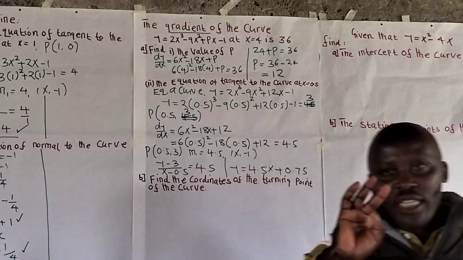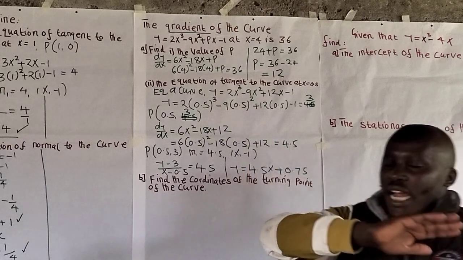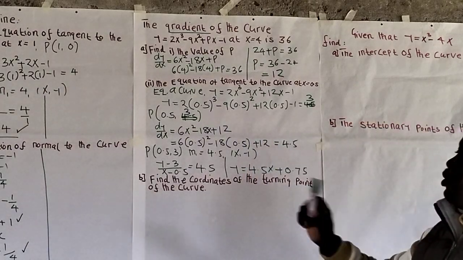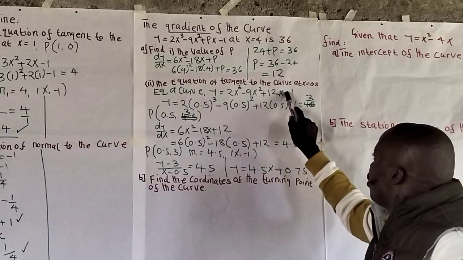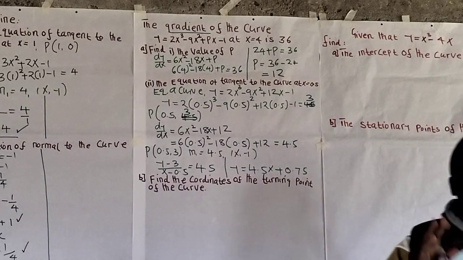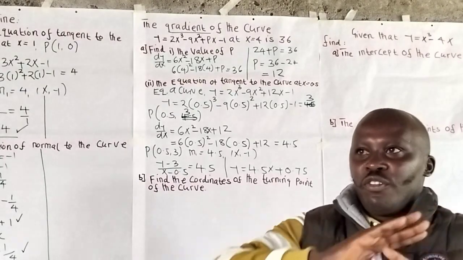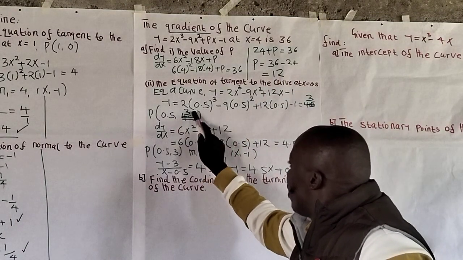Then you are supposed to get the point of contact of the tangent and the curve. So you substitute where x is equal to 0.5 into this equation, and you get that the value of y is equal to 3. That gives us the coordinates of the tangent and the curve as (0.5, 3).